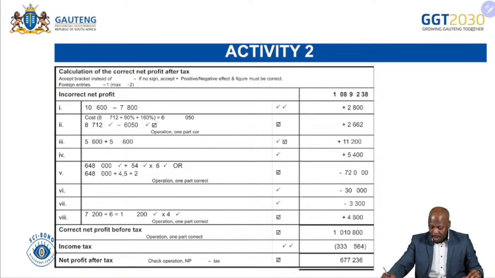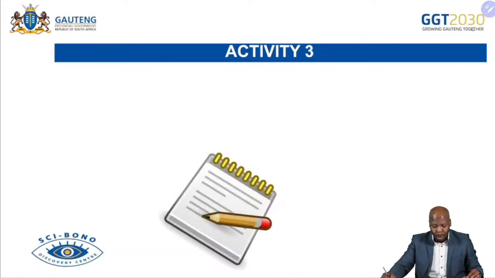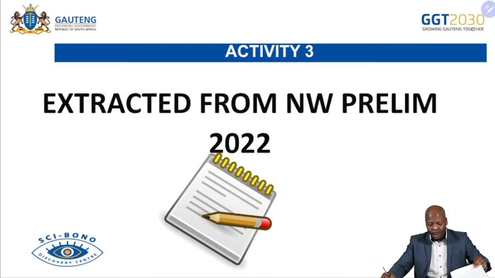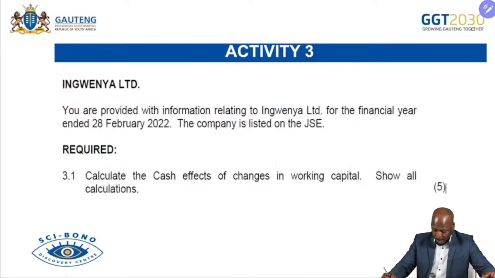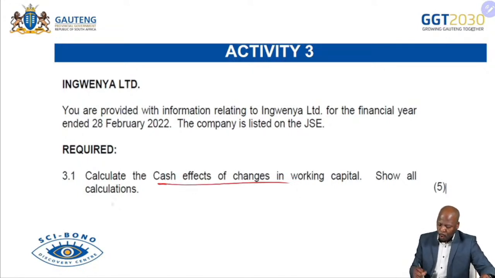Activity number 3 is now from the Northwest Prelim. All right, I'm now slowly moving towards the cash flow statement. In this particular paper, they gave us a very interesting question. It says, calculate the cash effects of changes in working capital and show all calculations.